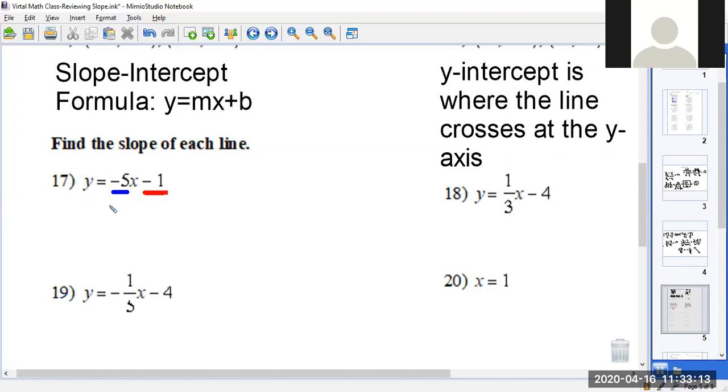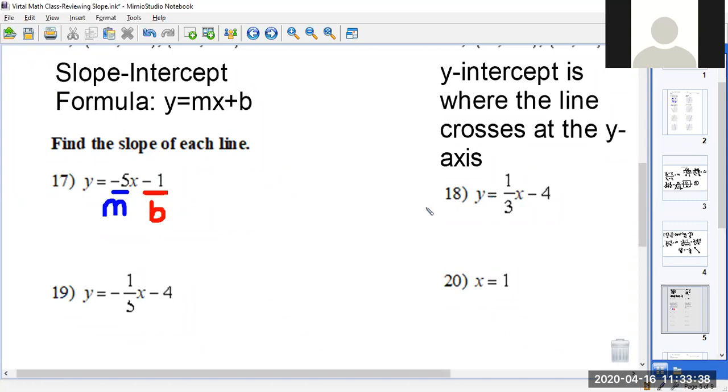This is my m, and this is my b. And remember, the number takes the sign. So because the number takes the sign, that means that my y-intercept is negative 1. That's going to be very important.